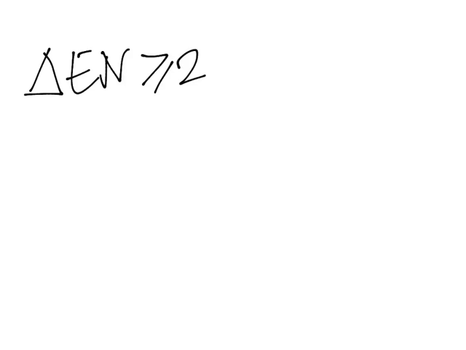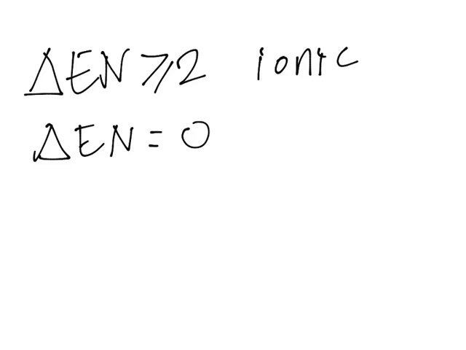If you remember from what I said before, the difference in electronegativity for something we call ionic is more than or equal to 2. If something has an electronegativity difference of 0, then it's called nonpolar covalent.